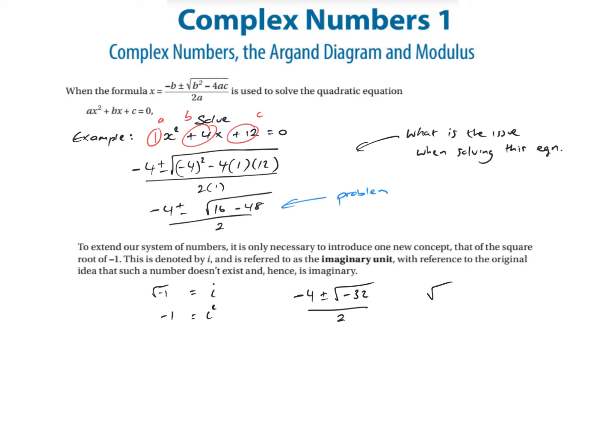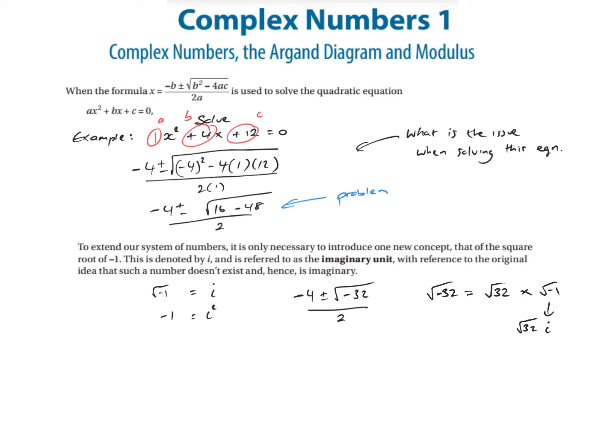Root minus 32 is exactly the same as root 32 multiplied by root minus 1. And that means now that I can work out root 32, which is a positive number, and I just change the root of minus 1 to i. So this now becomes root 32 i.